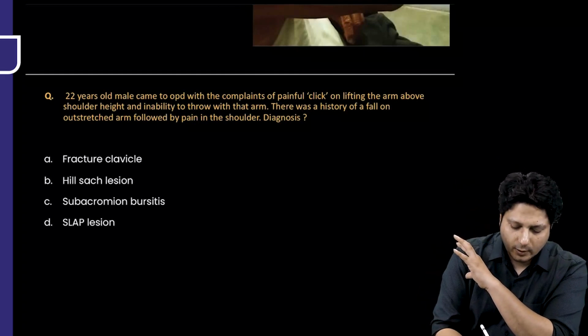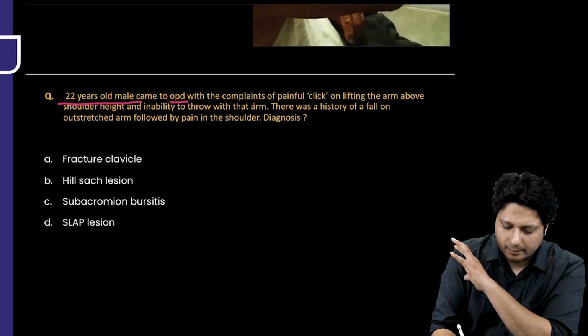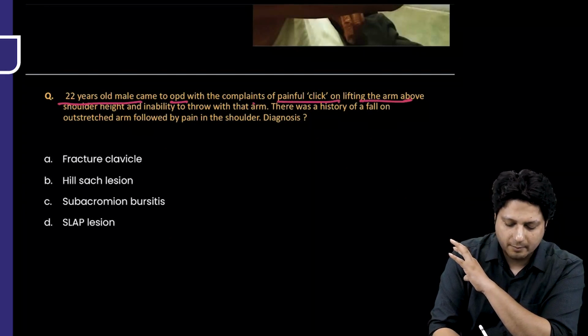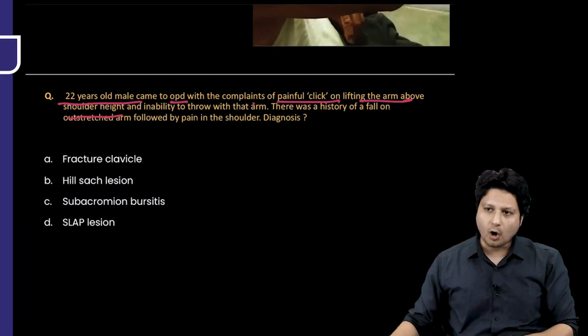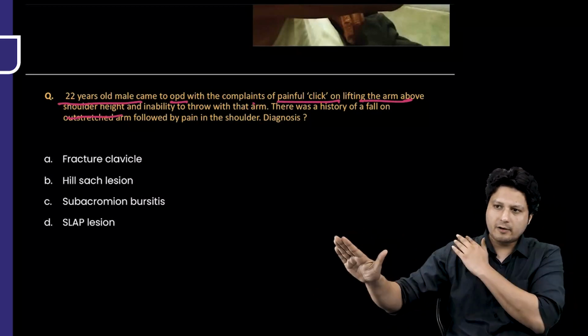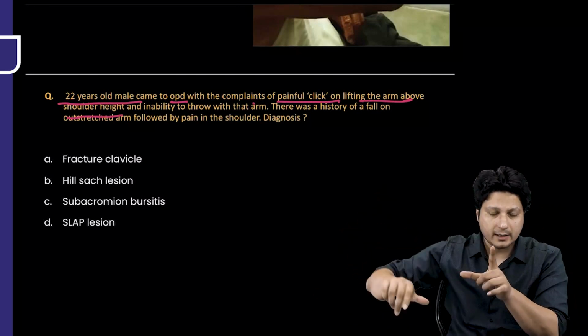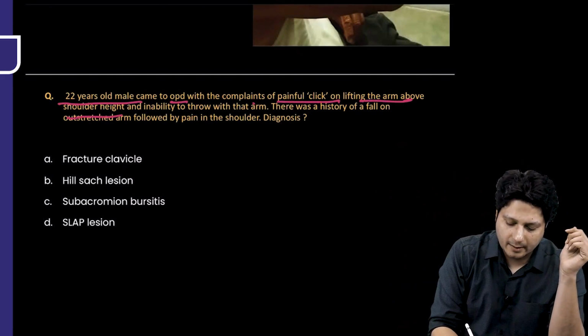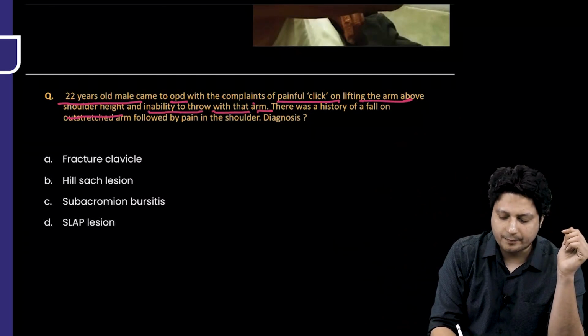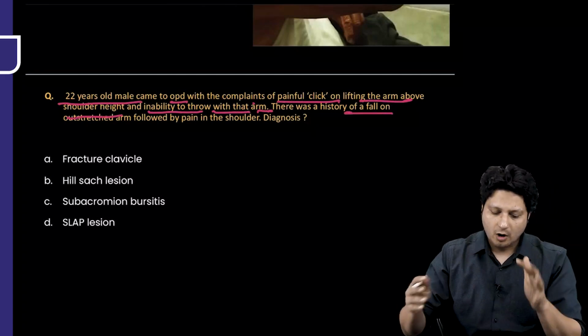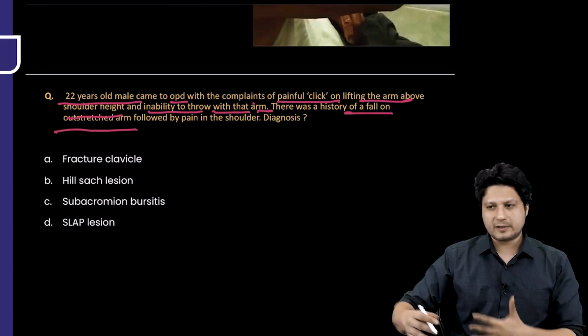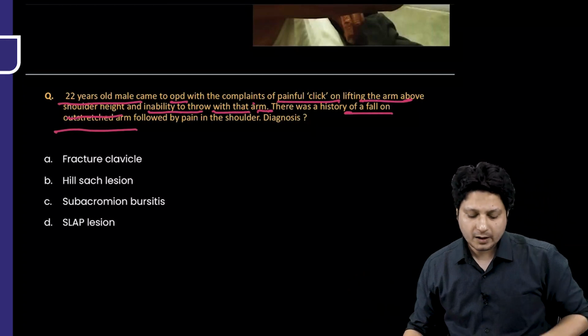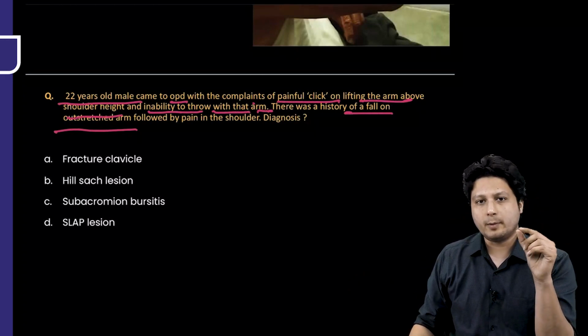A 22-year-old male came to OPD with the complaint of painful click on lifting the arm above shoulder height. That means beyond 90 degrees of abduction, there will be a painful click and an inability to throw with that arm. There was a history of fall on an outstretched arm, that means an abducted, externally rotated arm. What is the most probable diagnosis?